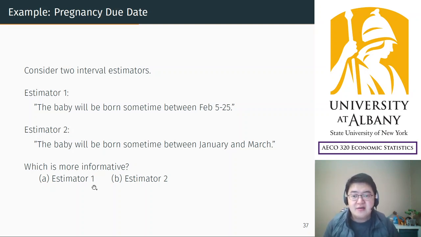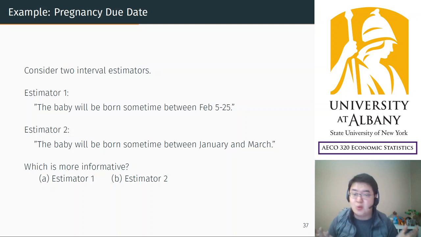And I think estimator 1 is more informative because estimator 2 does not need any professional knowledge. Even I could estimate; anyone can say that. If I see a woman with a big belly, even I can say, oh, you may have a baby soon.